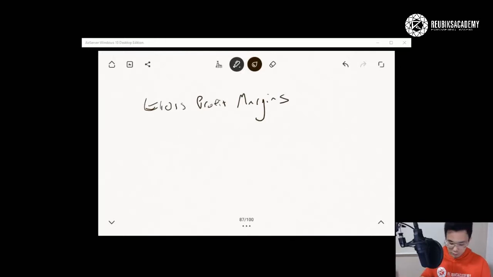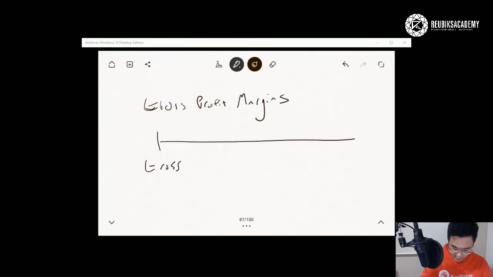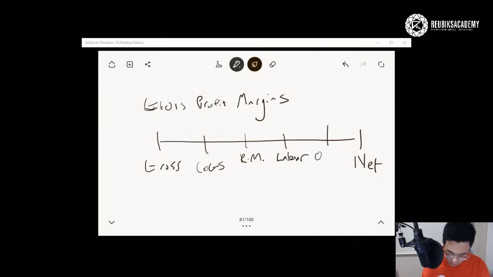The distance between gross and net will basically be things like your cost of goods sold, your raw material costs, labor, operations expenses.